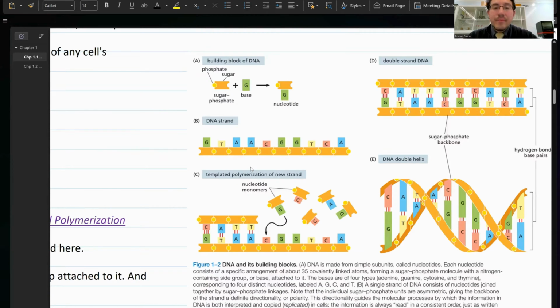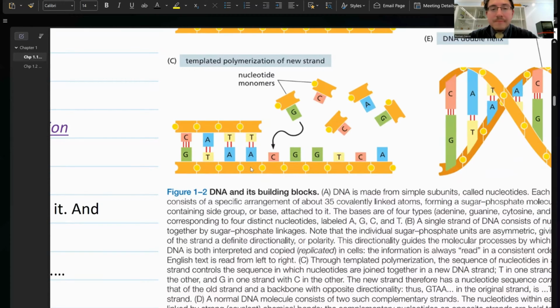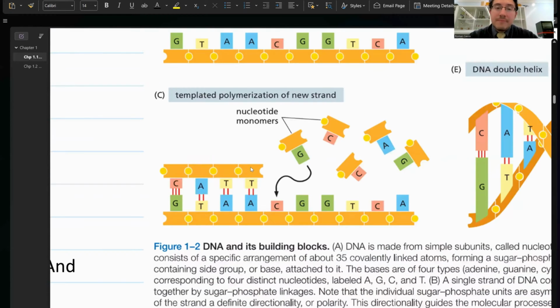And by what is called templated polymerization, you can get new nucleotides coming in and a newly synthesized nucleic acid strand of DNA using a template of DNA. These nucleotides come in based on complementary base pairing rules, where G always binds to C, C always binds to G, A to T, T to A, and so forth.